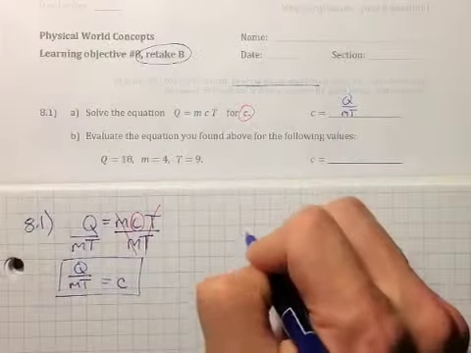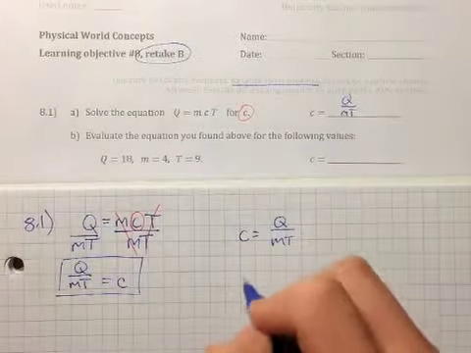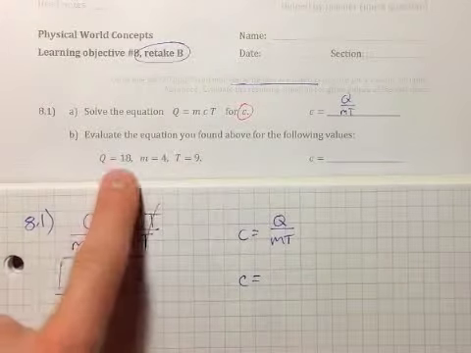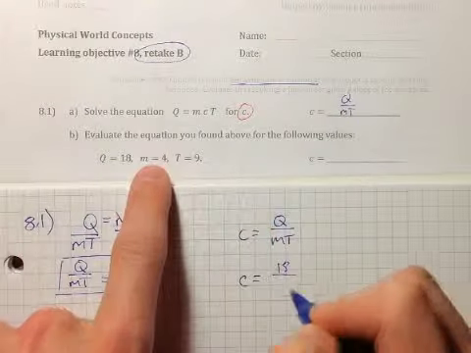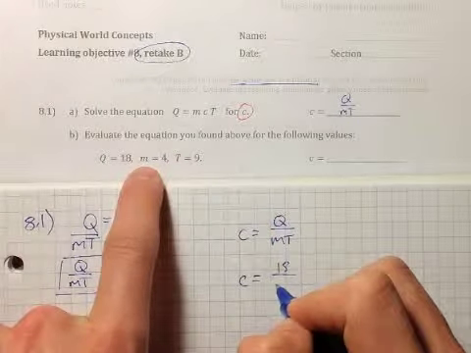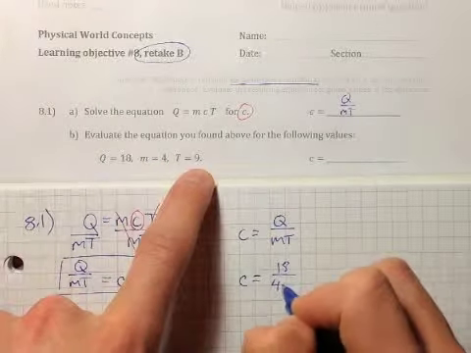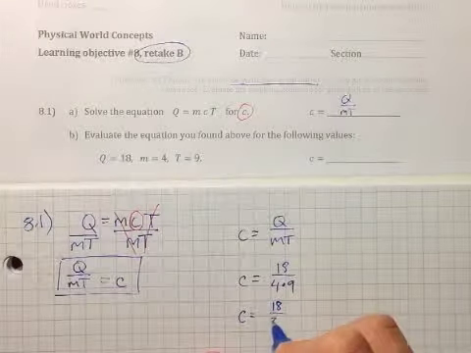Okay? If c is equal to q divided by mt, then with these specific numbers, c is equal to 18 on top, and then divided by m is 4, t is 9, so 4 times 9. Okay? So 18 divided by 4 times 9 is 36.